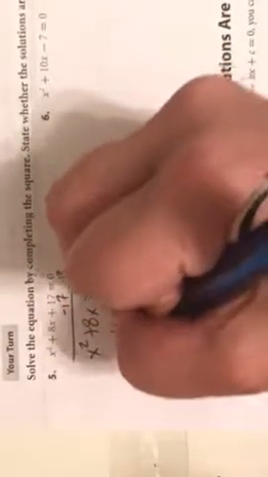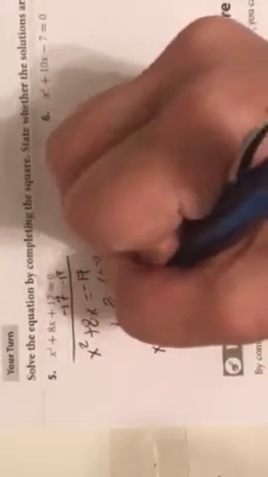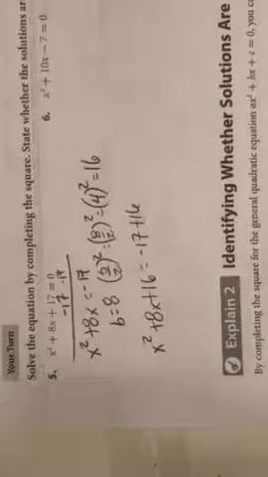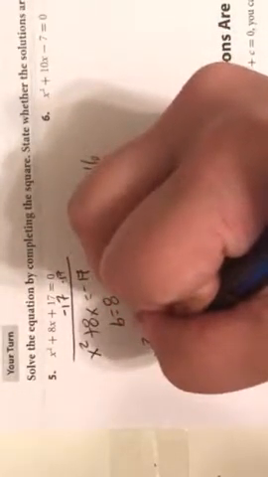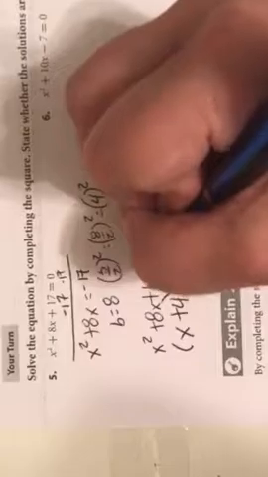So we end up with x squared plus 8x plus 16 equals negative 17 plus 16, which reduces down to x plus 4, whatever was inside the parentheses before, squared, equals negative 1.